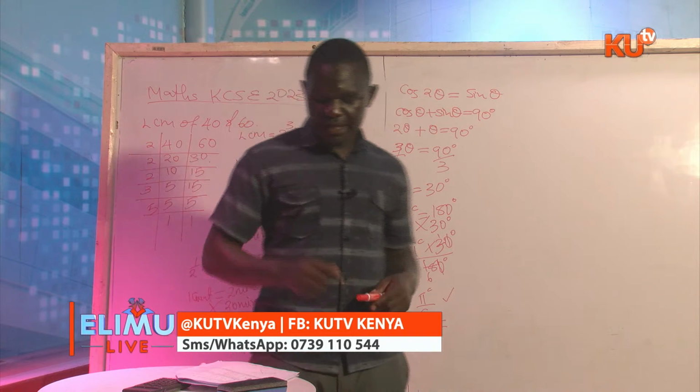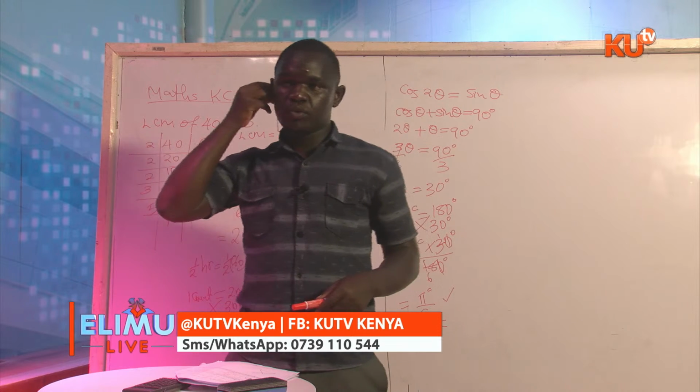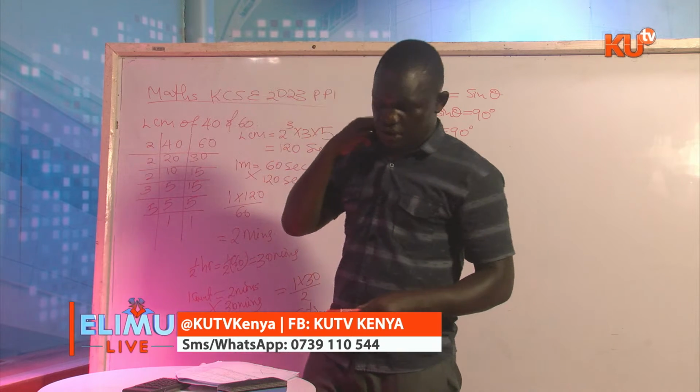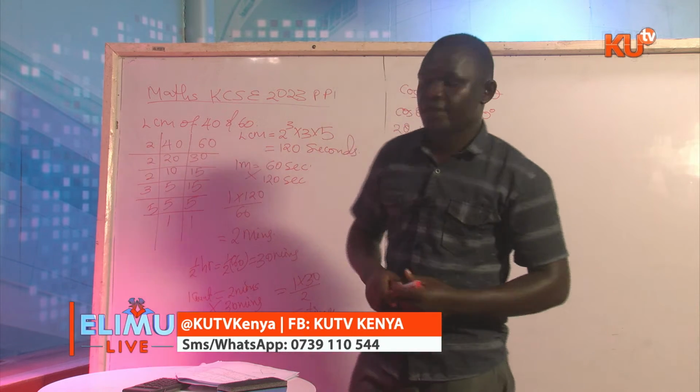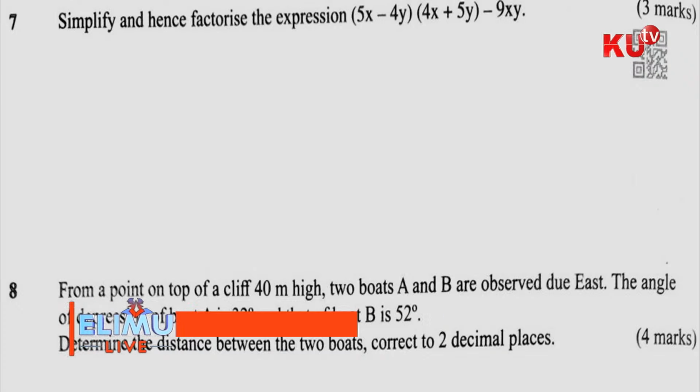Now, let's check on question number 7, dear students. Simplify and hence factorize the expression given. You are supposed to simplify and factorize the expression. What is the expression there?